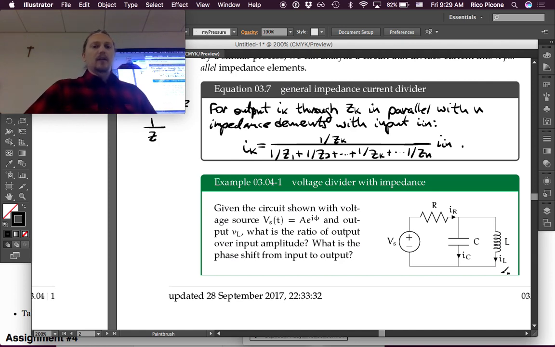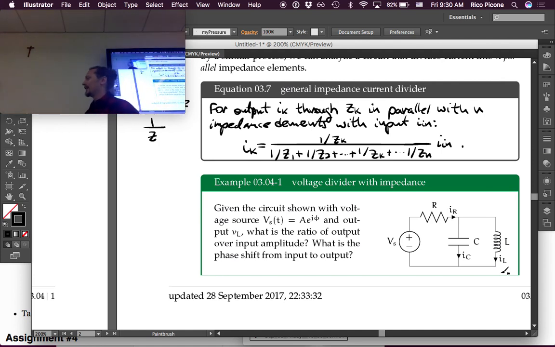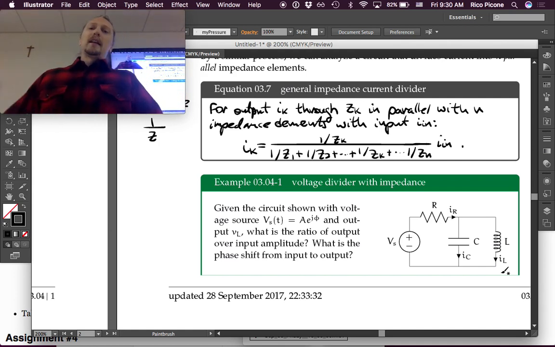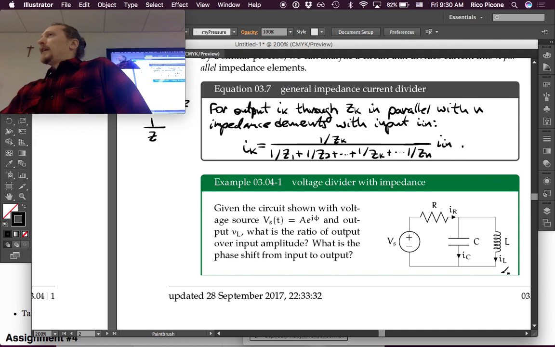And what is the phase shift from input to output? This is a little bit like your problem in your homework, asking for the ratio of the amplitude from the input to the output. You essentially have to solve for the output amplitude to find this ratio. But it's another way of thinking about it, so I thought I'd give a little variation on what we're solving for instead of just always the output voltage.